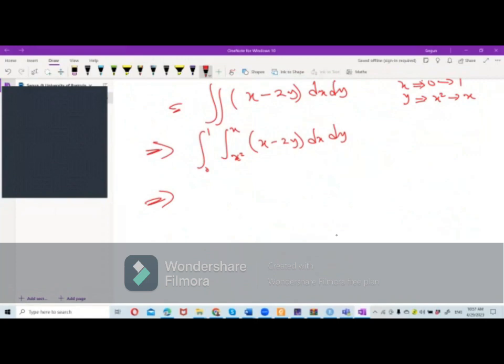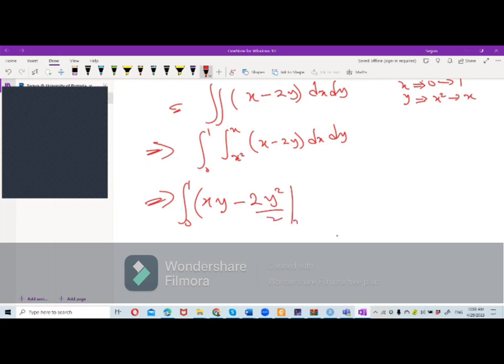That is with respect to y now. So I'm going to have xy minus 2y squared over 2, x squared to x, which implies this cancels this.